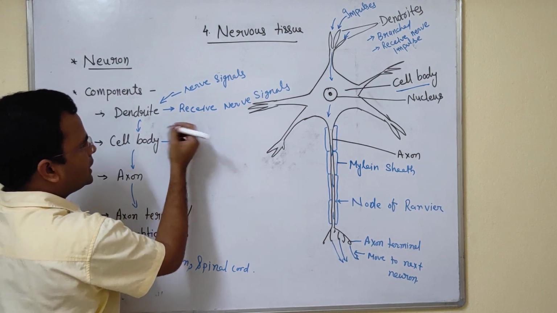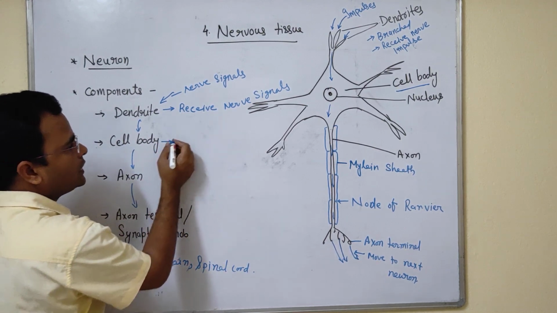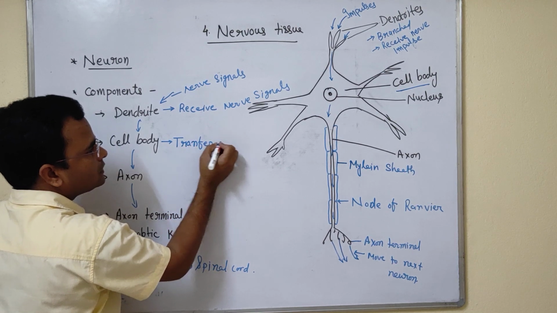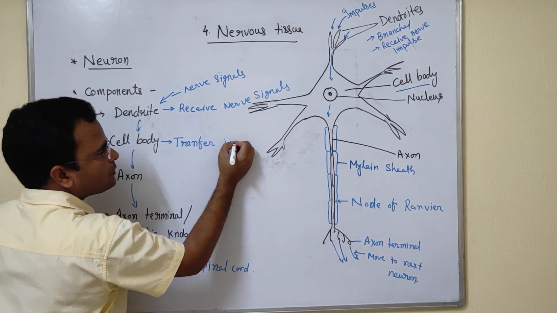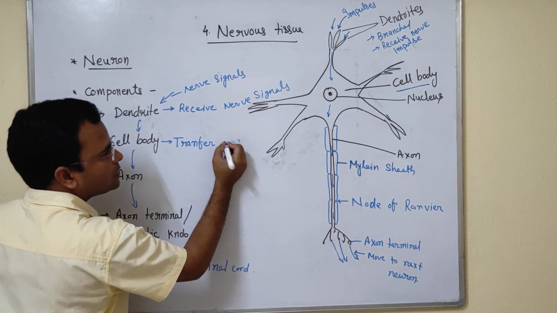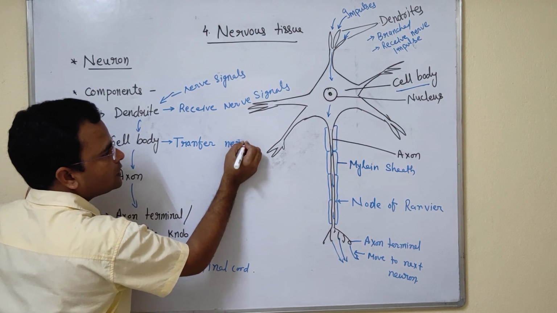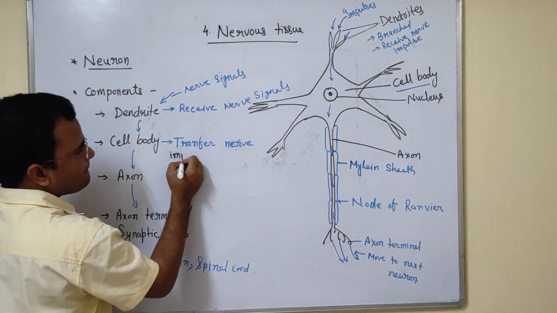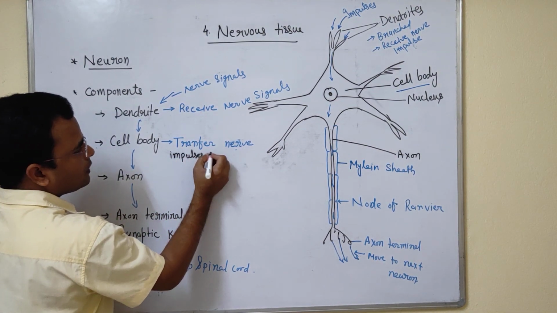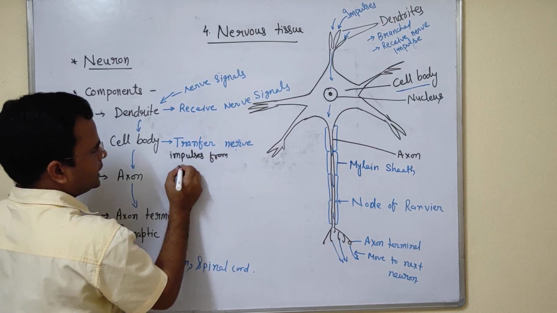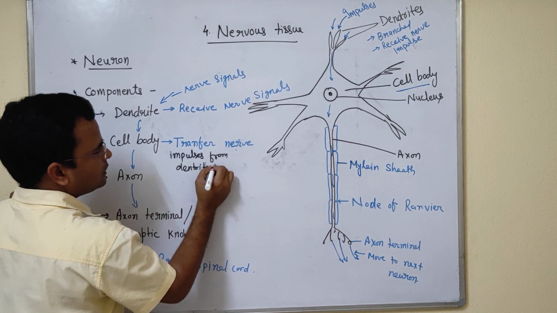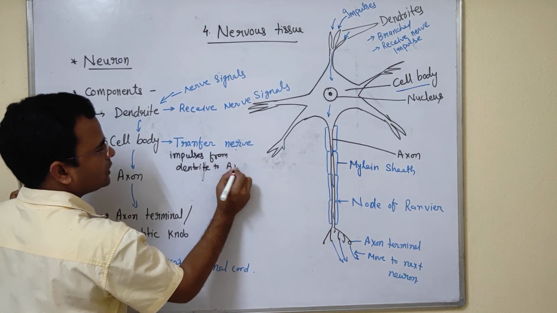Cell body, they will transfer nerve impulses, better to say nerve, NERVE, nerve impulses from dendrite to axon.